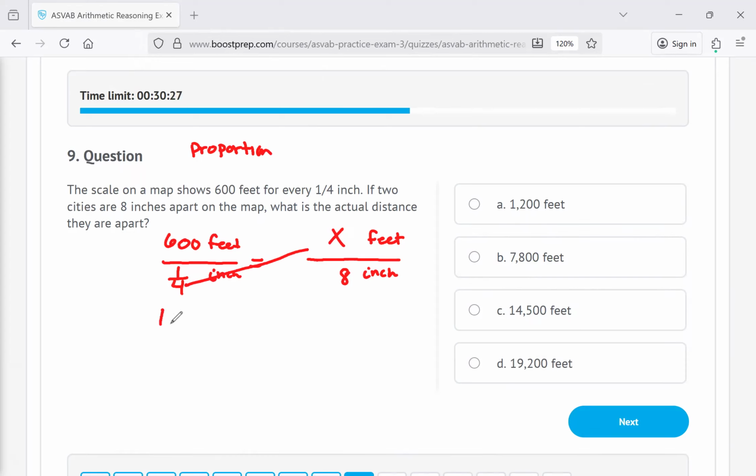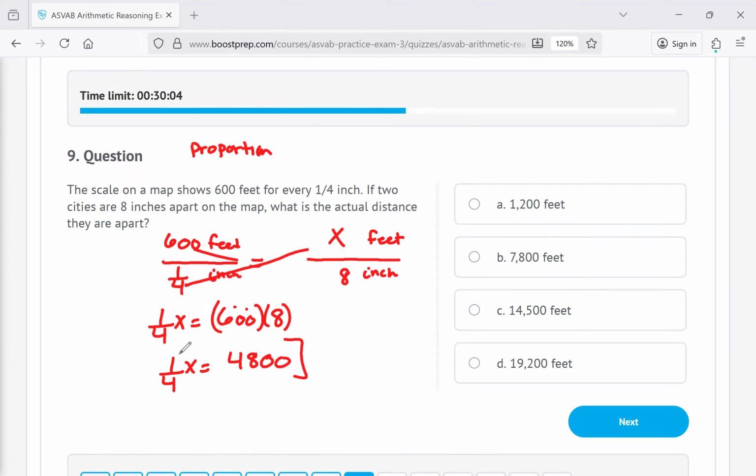So what's 1/4 times x? 1/4 x. What's 600 times 8? Well, I know that 8 times 6 is 48. And then carry the 2 zeros. And then go ahead and solve for x.